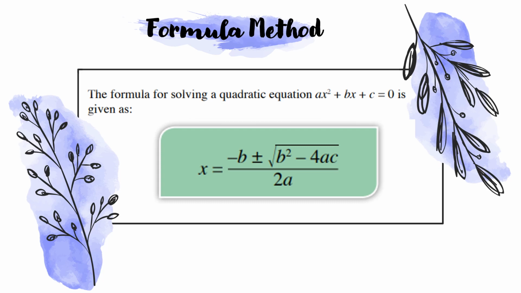The formula is given, so you just need to substitute the value of b here, and then 4 multiplied with a, multiplied with c, over 2 times a. Okay, we learn how to substitute the value into the formula.